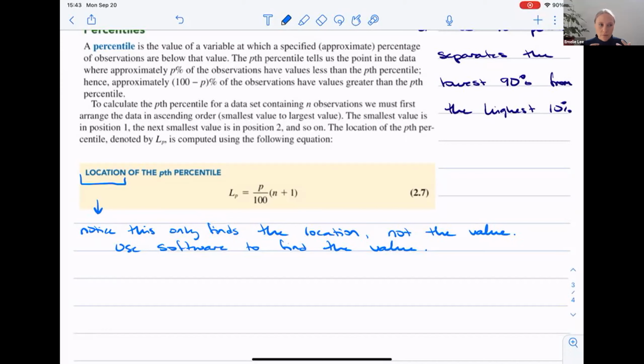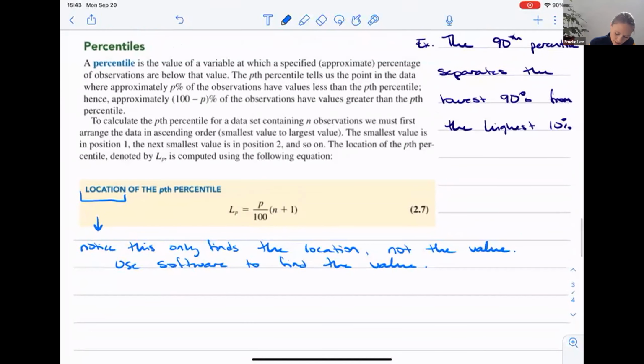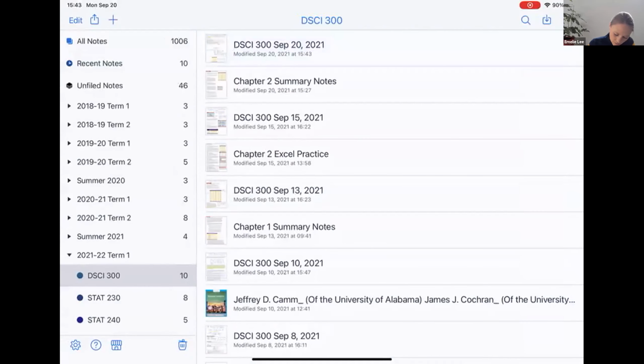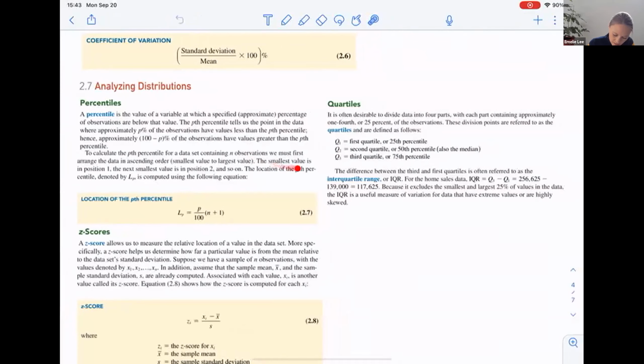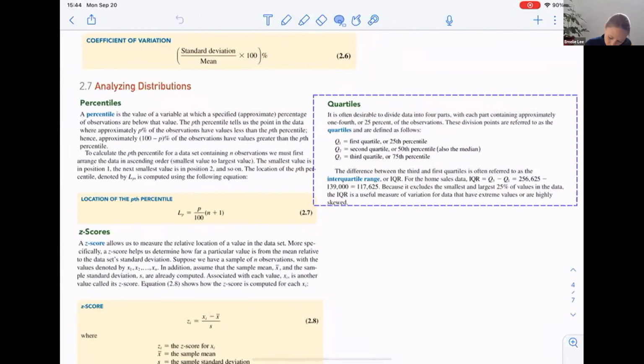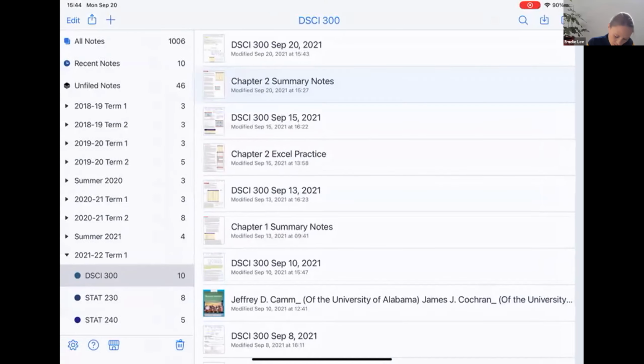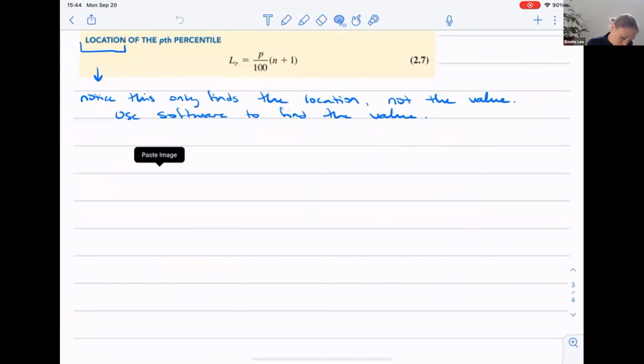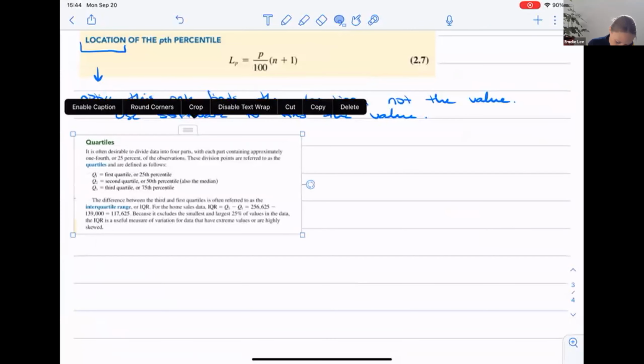The 5-number summary is the minimum, the first quartile, the median, the third quartile, and the maximum, and then it throws in the mean just for good measure. Let's talk about the quartiles. I put them over to the side because they're a subgroup of the percentiles.